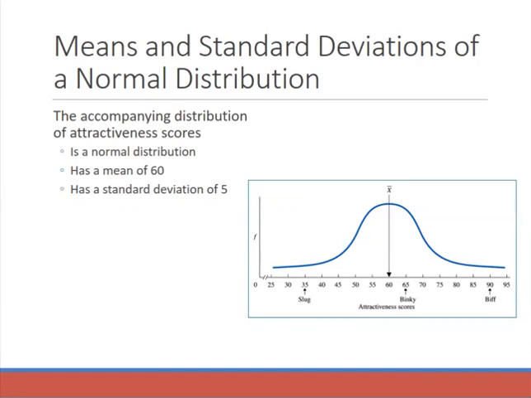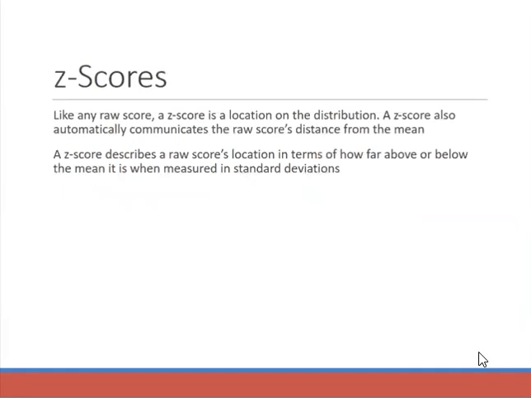Okay, so this is an example that we will use, and we can see that this is a normal distribution. This has a mean of 60 and a standard deviation of 5. So this is a frequency distribution for attractiveness scores. So when we talk about z-scores, like any raw score, a z-score is located on the distribution.